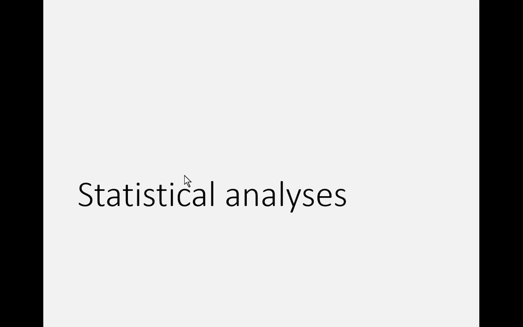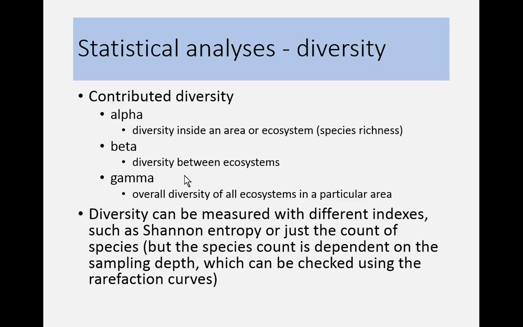All right, a couple of things about statistical analysis still. They are all put in Chipster into the same tool, but it partitions the diversity of the samples into alpha, beta, and gamma diversity, which are listed here.